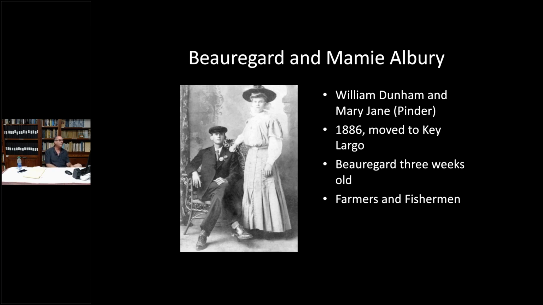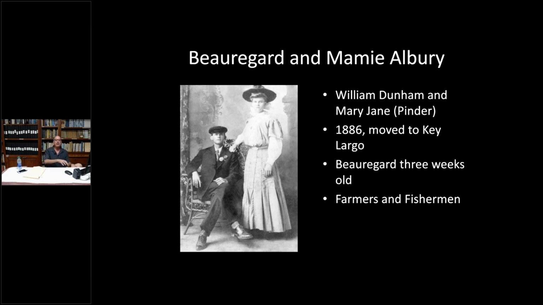They would have arrived in 1886, and Beauregard, who you see pictured there with his wife Mamie, was 3 weeks old when he first arrived in Key Largo. They moved to about mile marker 98. Many of the stories, pictures, and people we'll talk about all lived basically between mile marker 97 and mile marker 100, with a few exceptions.